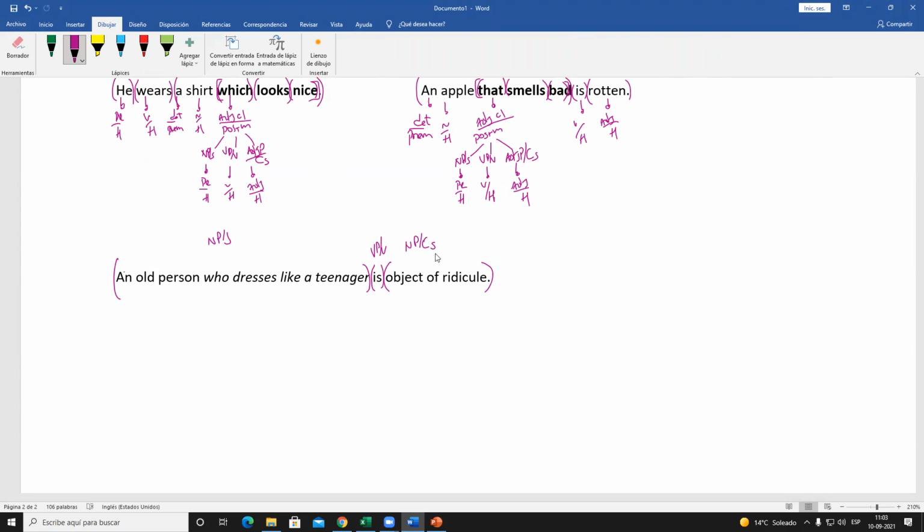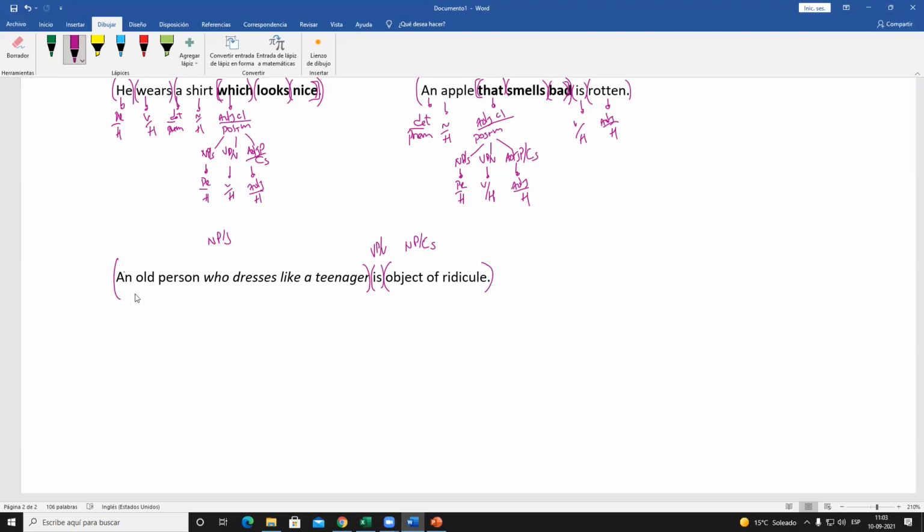We don't care much about the last stuff. What we care about is that who dresses like a teenager is important in order to understand the full meaning of the sentence. Therefore, if I erase that, I would say an old person is object of ridicule, you'll see that we are losing a lot of meaning, right? Therefore, you can't erase who dresses like a teenager. So this is a restrictive adjective clause, relative clause.